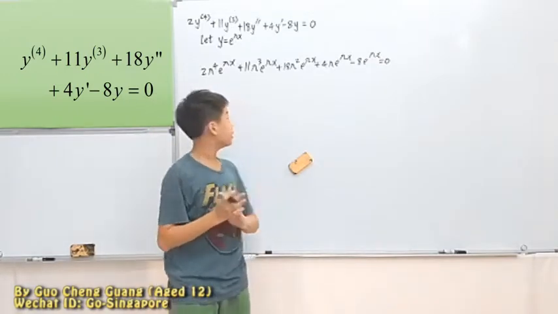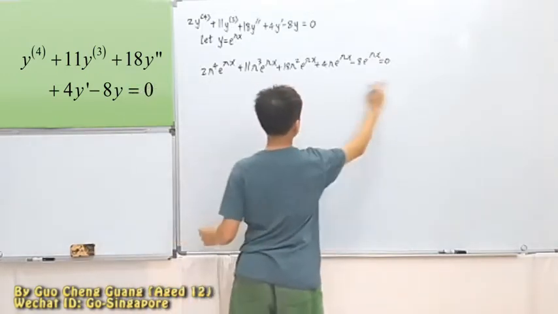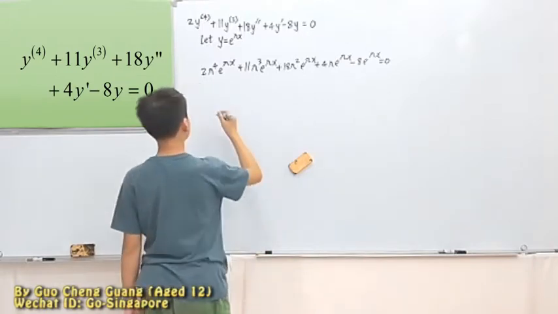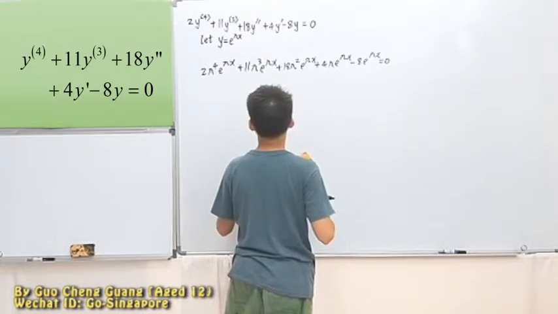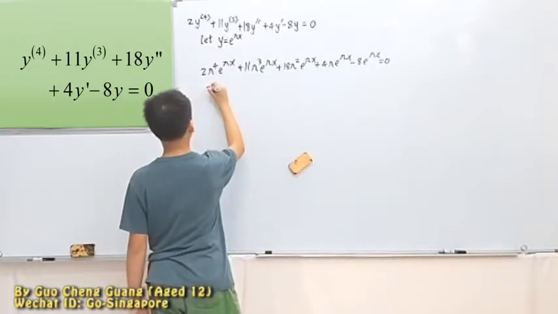Now we can make a simplification from this whole equation. That means we simplify away this e to the power of lambda x.